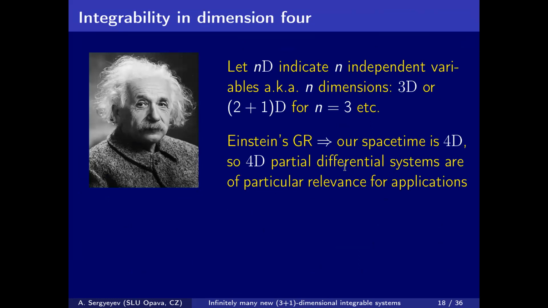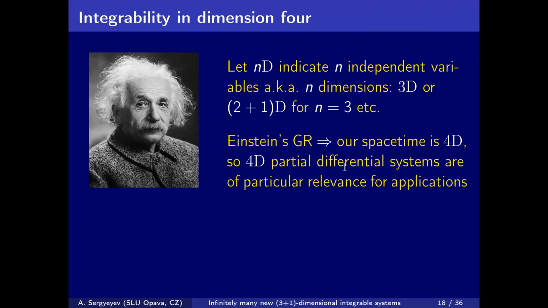Okay, but looking at things from the physics perspective, of course, one would be especially interested in the case of 4 independent variables, or 4D. One reason, as we all know, is that general relativity of Einstein tells us that our space-time is 4-dimensional.